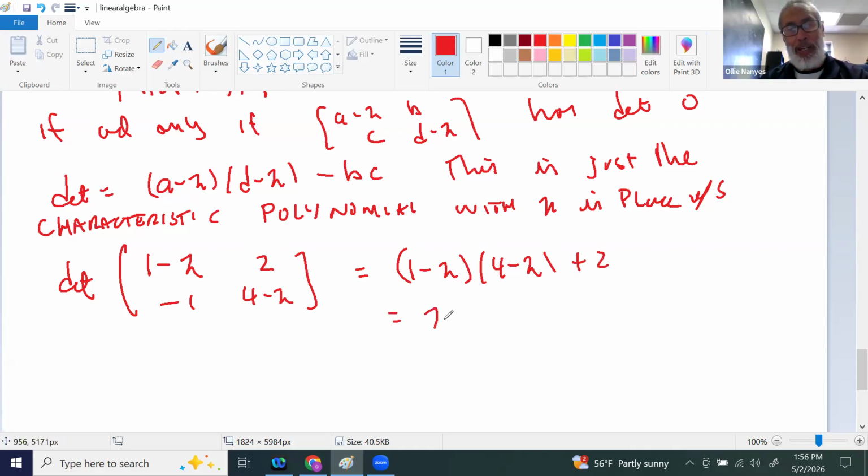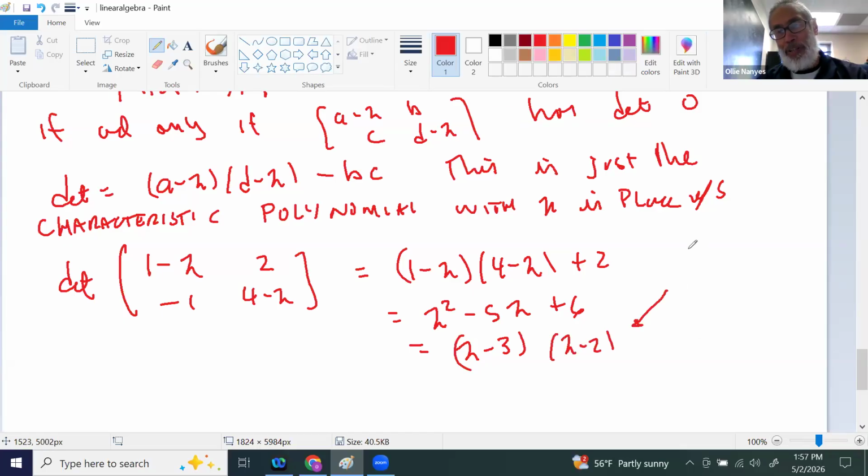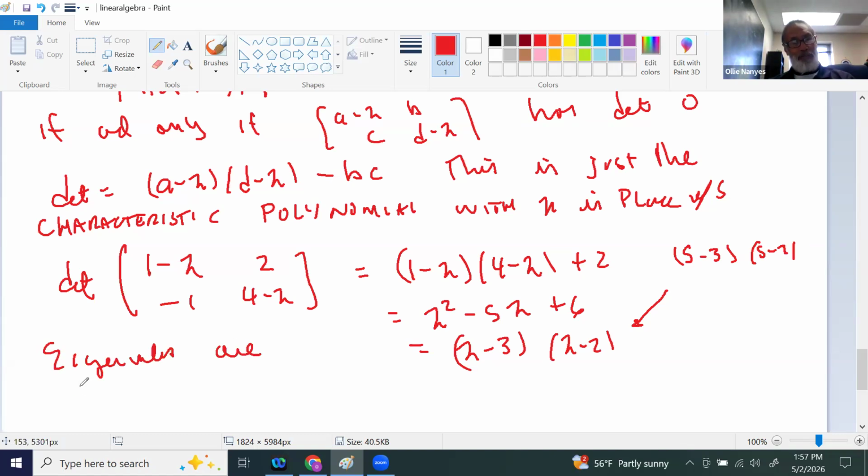And we see this is lambda squared minus 5 lambda plus 6, which factors into lambda minus 3, lambda minus 2. Notice, compare that to S minus 3, S minus 2. So we see here the eigenvalues are real and distinct. And that is what we're doing when we do Laplace transforms.